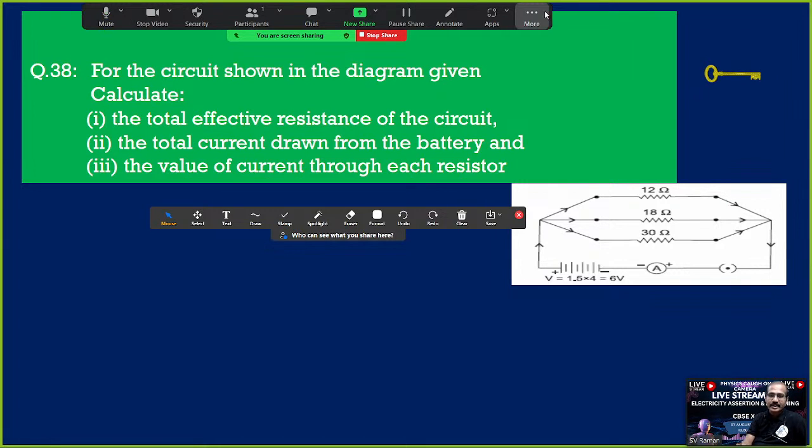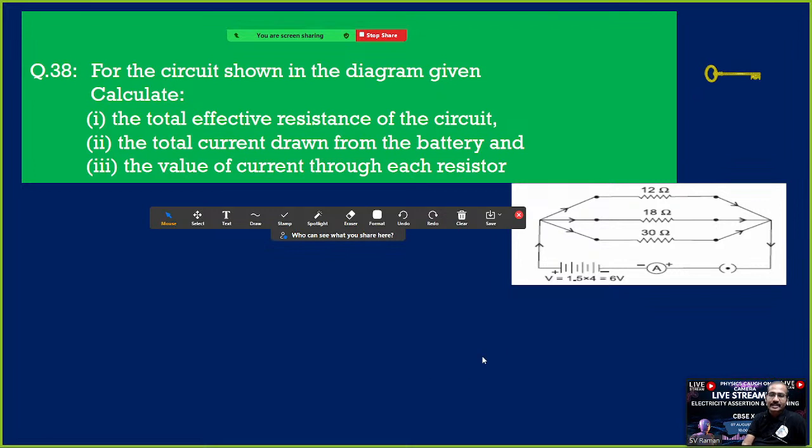So the first question they are asking, the total effective resistance, how much? So total effective resistance, this is under parallel combination. So 1 by Rp is equal to 1 by 12 plus 1 by 18 plus 1 by 30 ohms. Okay. So what is the LCM over here?